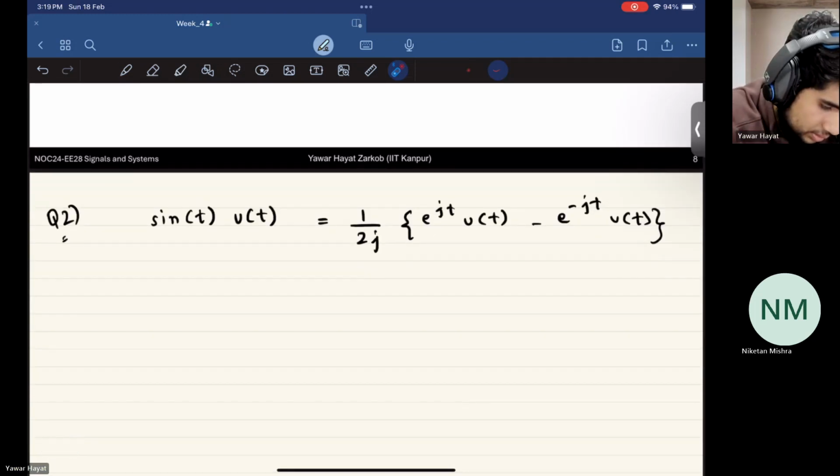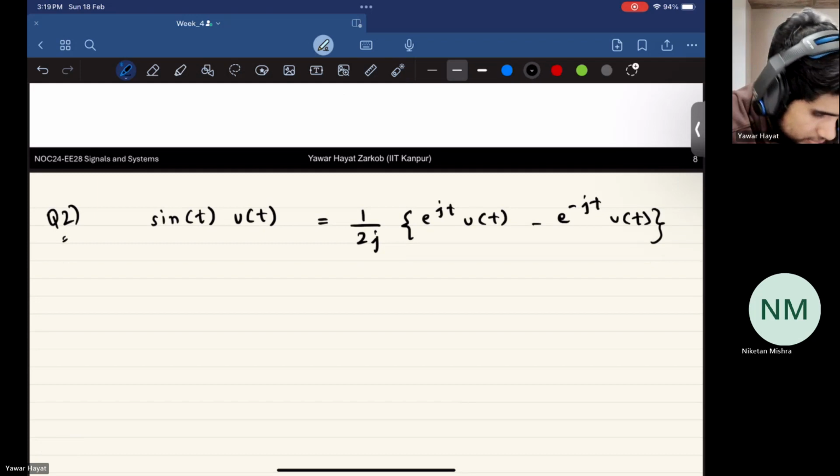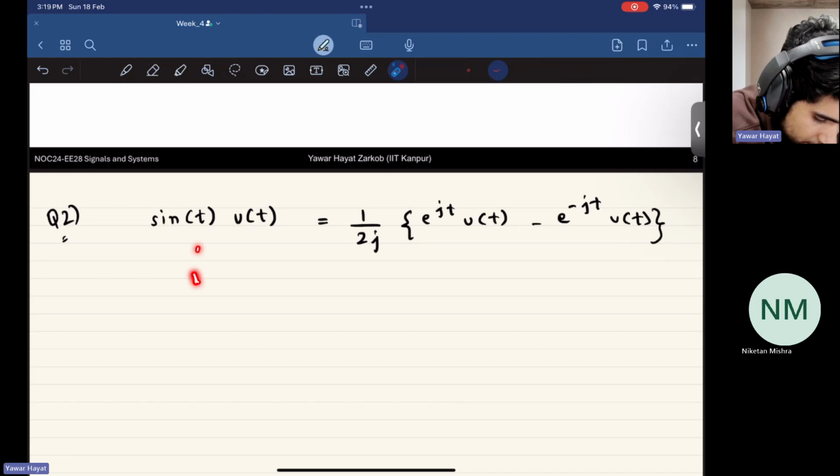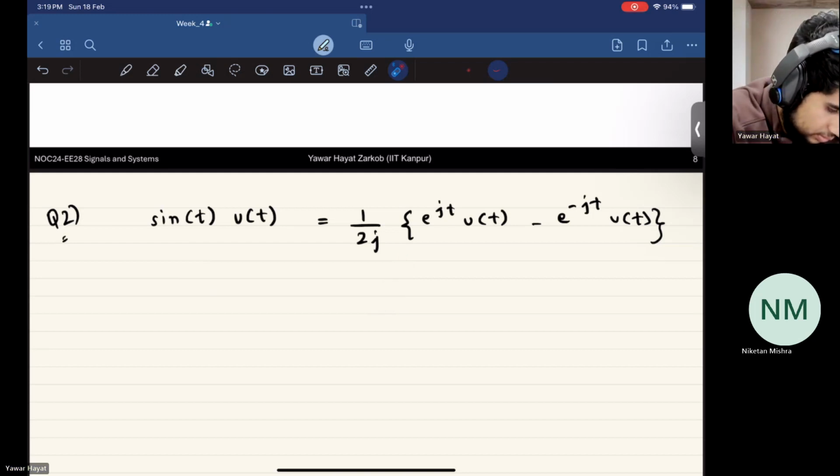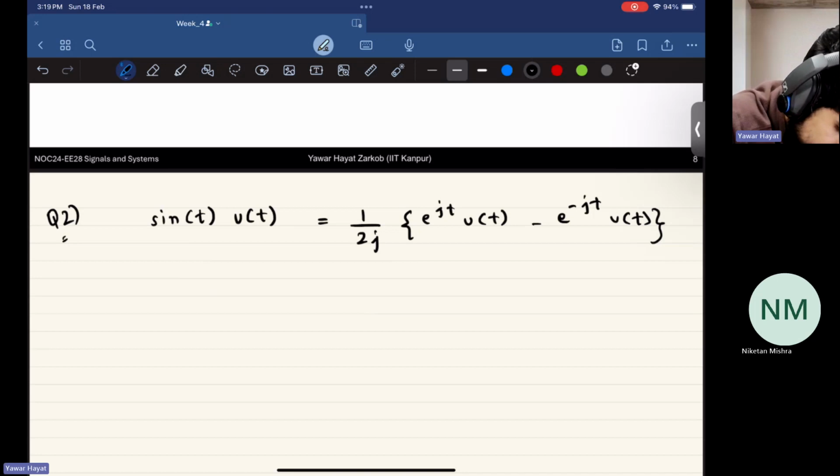Now, computing the Fourier transform of sine of t u of t is the same as computing the Fourier transform of this one.